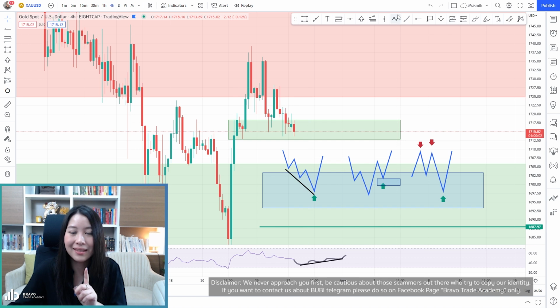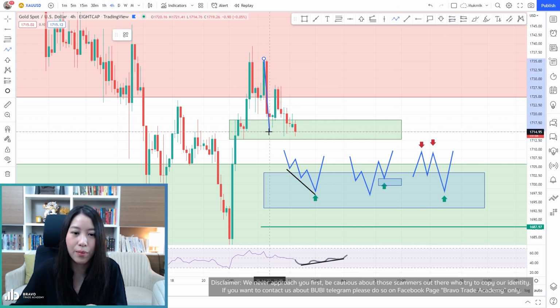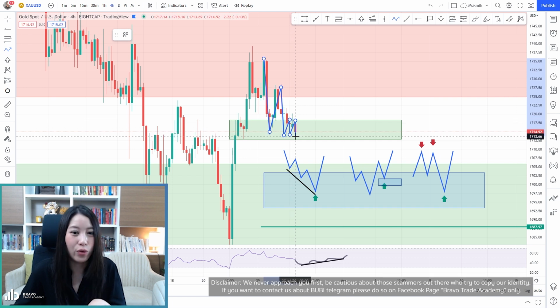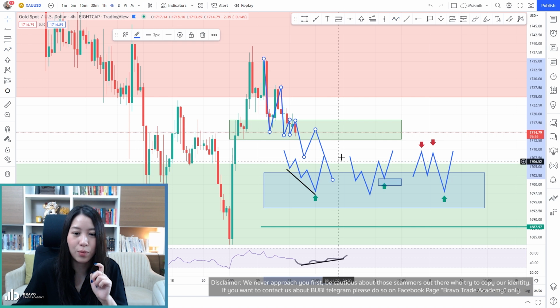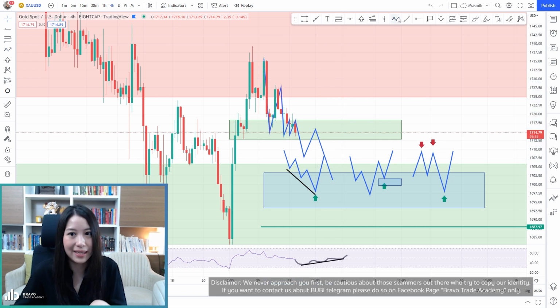So the best thing is that we have this pattern. The price is now making the lower low and lower high, and it is kind of making this base for the supply zone as well. So if the price removed all of the demand here from the left hand side, we can consider selling to send the price down to where we were waiting for buying. So that's the selling plan.